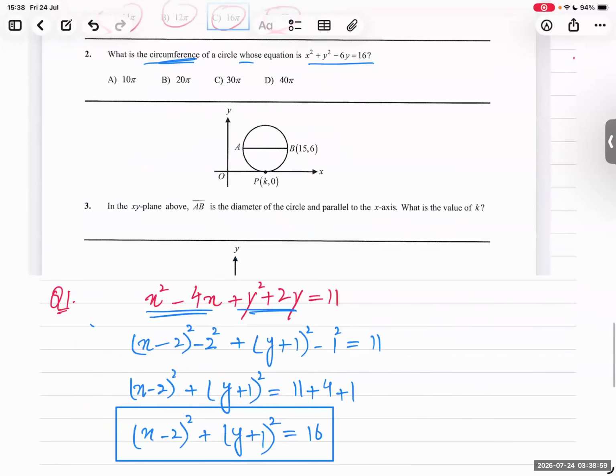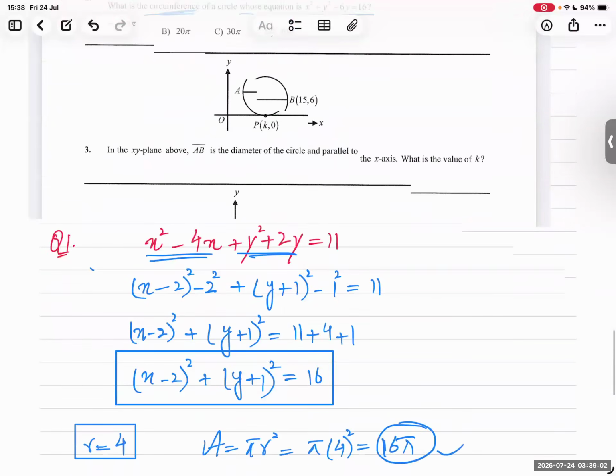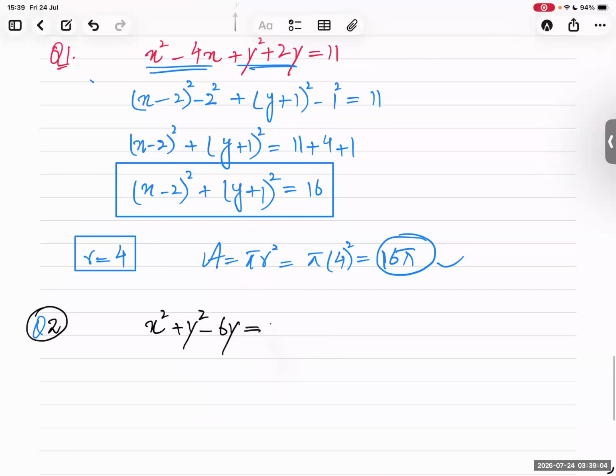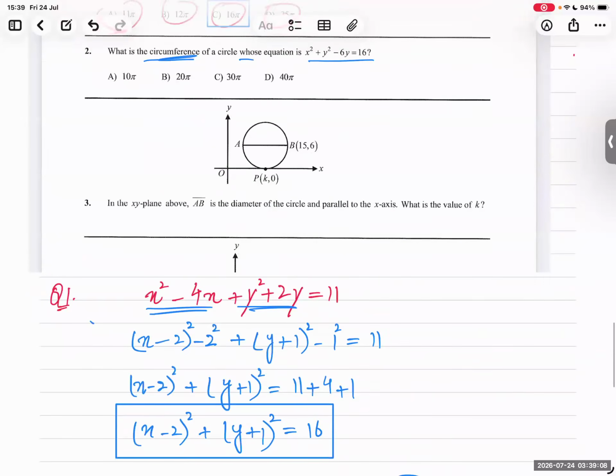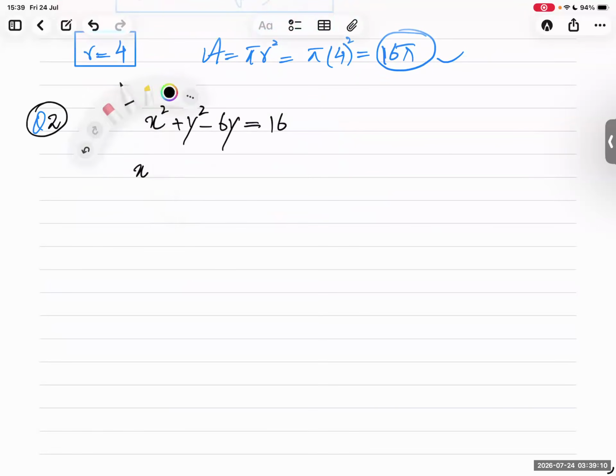x square plus y square minus 6y is equal to 16. So that is x square plus, that would be y minus 3, I believe, square minus 3 square is equal to 16.